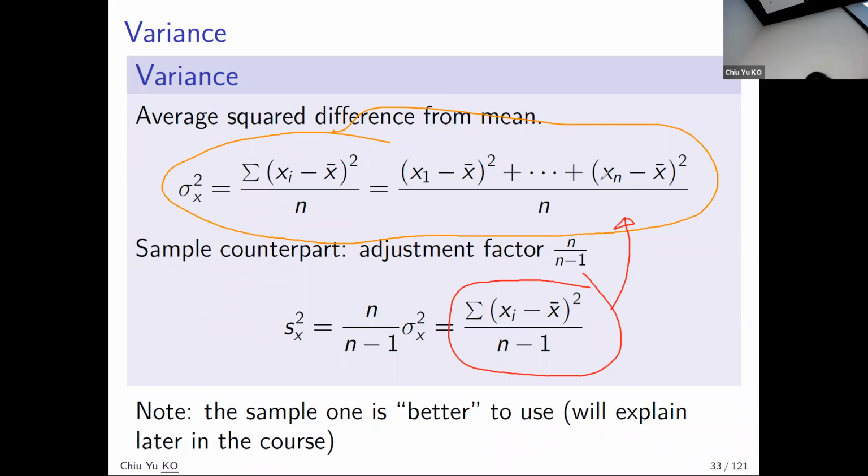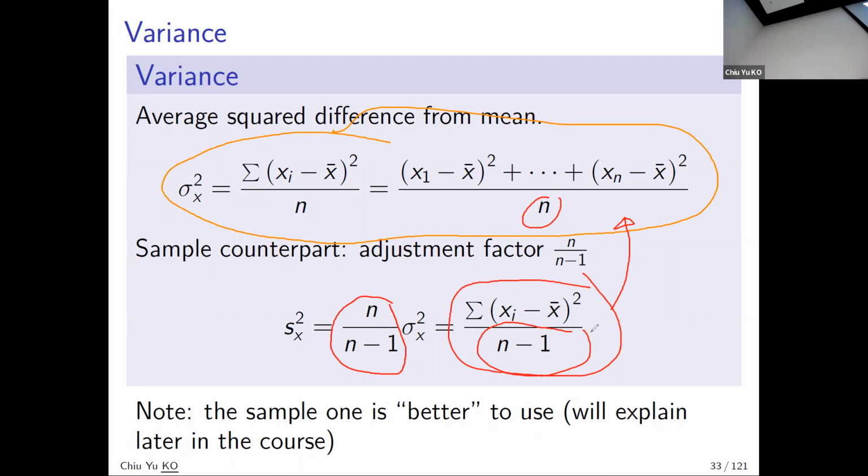Regardless of what we want, the orange one is our goal. This is something we want to know about the data. But in practice, when we collect a sample and do the calculation with the same formula, there's a problem. You usually tend to underestimate the variance. So we have to multiply by this, or instead of dividing by n, you divide by n minus 1.